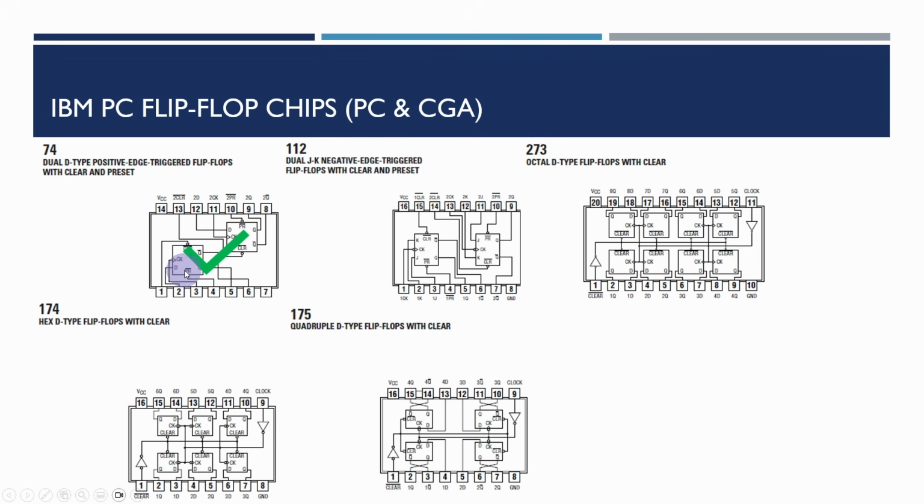Then on the flip-flop side of things, we covered the D-type, we covered the JK, and also the D-type hex with clear, and the quadruple D-type with clear and the inverted outputs, and also the 273 octal flip-flops with the clear input.